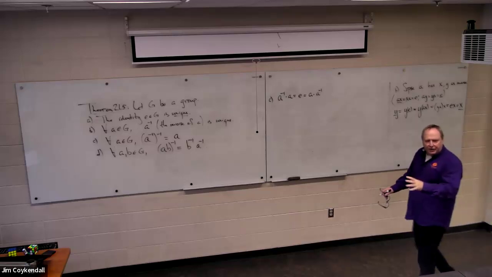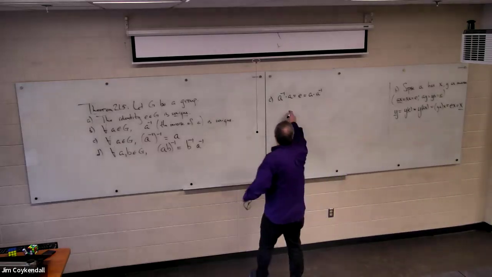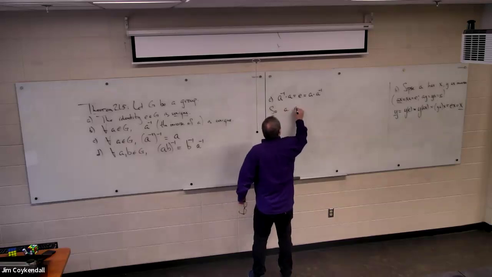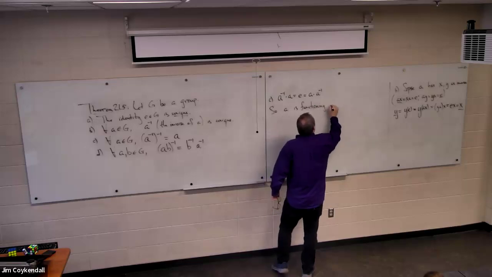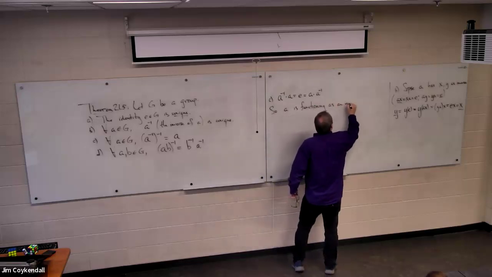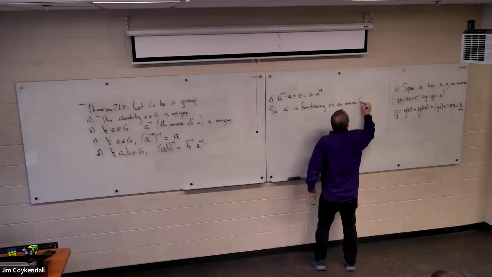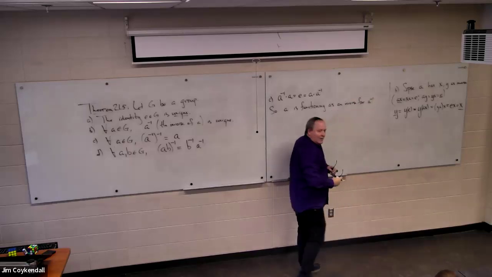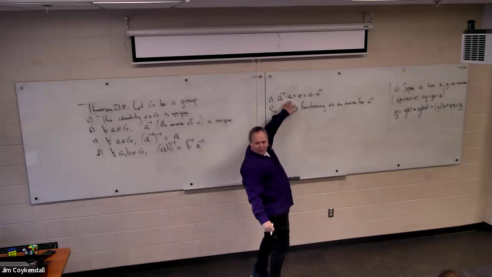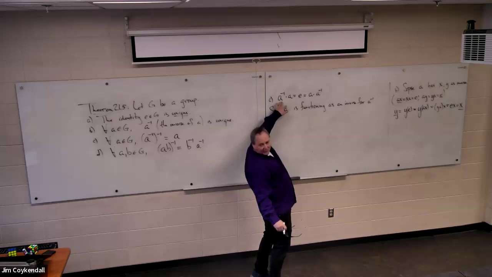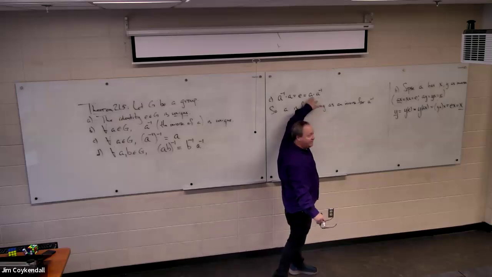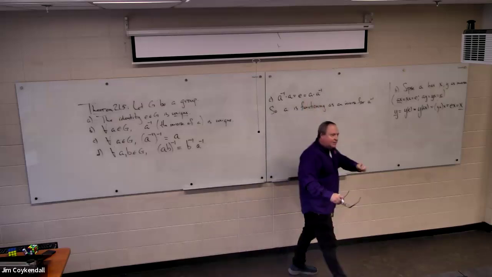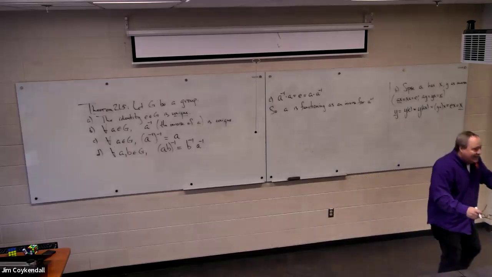So this means, if you study this equation for a minute, that A is functioning as an inverse for A inverse, right? Don't look at this from the perspective of A, which is where we started. Look at it from the perspective of A inverse. Here's A inverse minding his own business. A inverse gets hit on the right by A, gets hit on the left by A, and it gives E. That means that A is functioning as an inverse to A inverse.